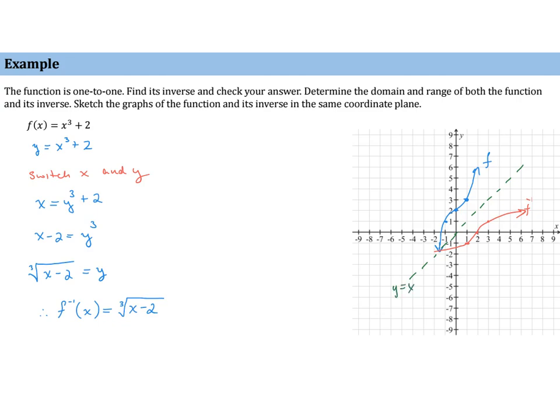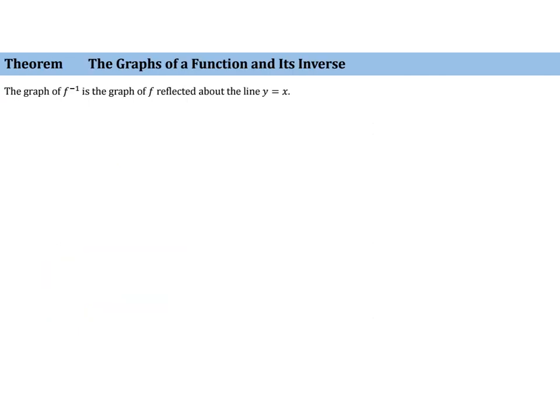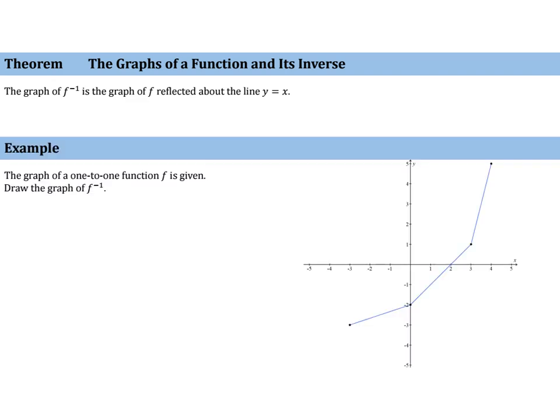And what you notice is there is a connection to these two graphs by letting y equals x be the mirror about which we can do a reflection. So if we reflect f about this line, we get f inverse. So the graph of f inverse is the graph of f reflected about the line y equals x.